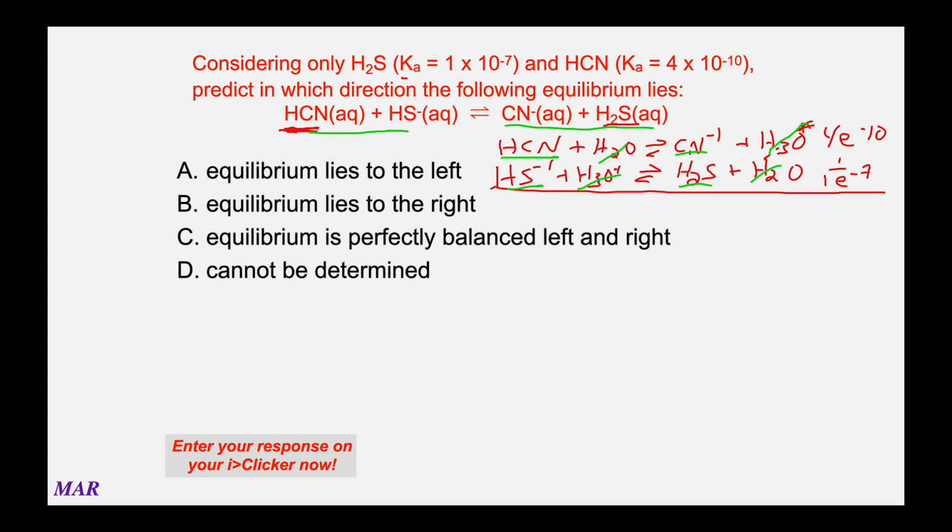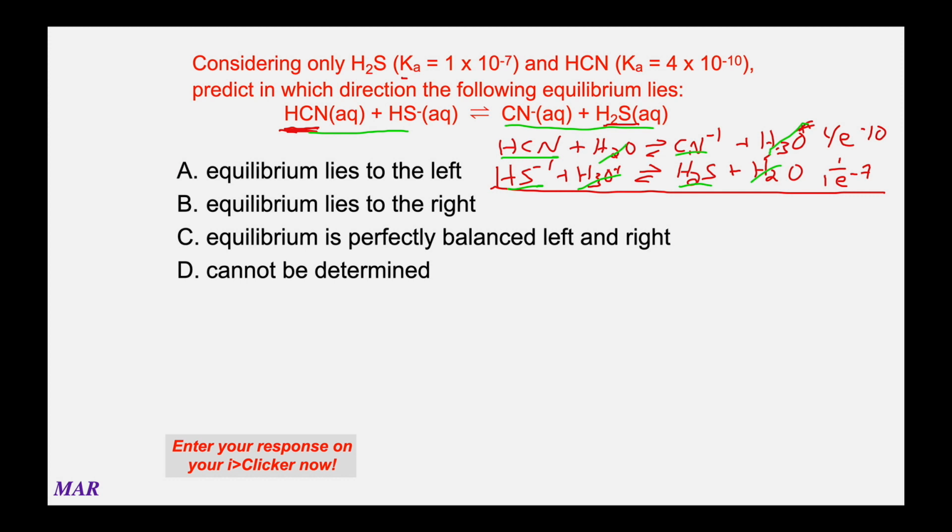I won't lie. However, there is another way to do this problem, and it has to do with the strengths of acids. Acid strength always goes from strong to weak, all right? And if you look at this desired reaction, we have two acids, HCN and H2S. The stronger acid is going to push towards the weaker acid.